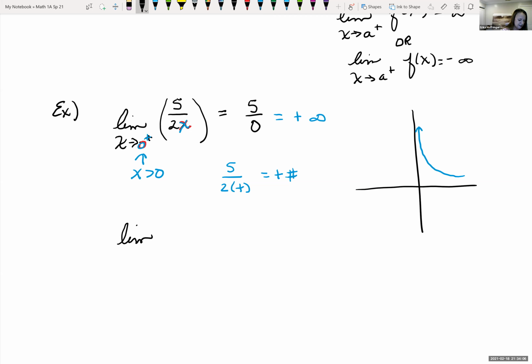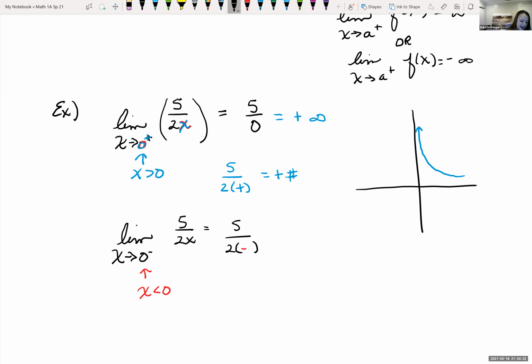We notice if we were looking at the other side of that vertical asymptote, and we looked at the limit as x is approaching 0 on the left-hand side of 5 all over 2x, when we plug in values to the left of 0, these are negative numbers close to 0. So we would get 5 all over 2 times some negative number.